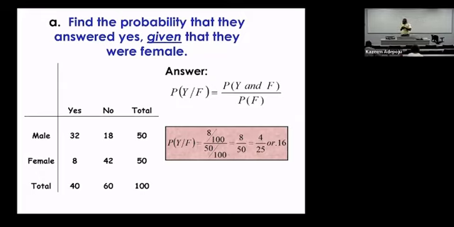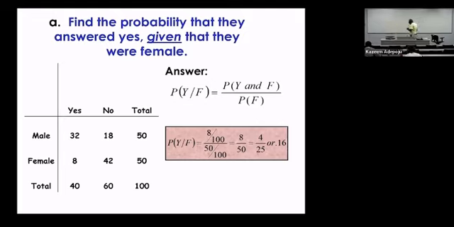Number one, the probability of the joint, which is the probability of answering yes and being female. And you're also going to find the probability of female.